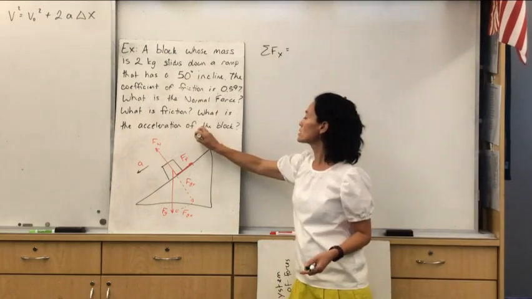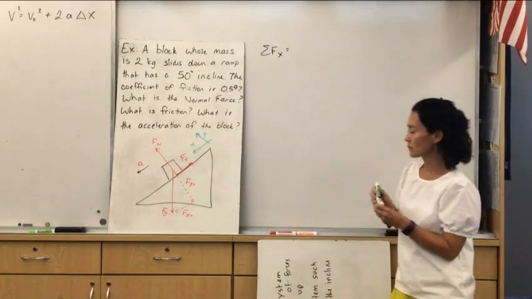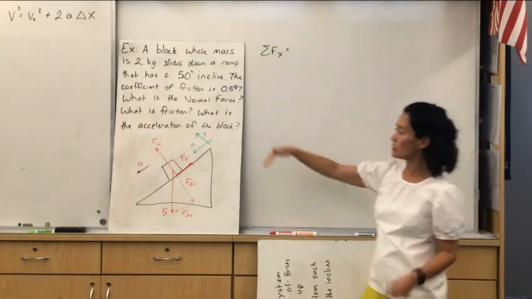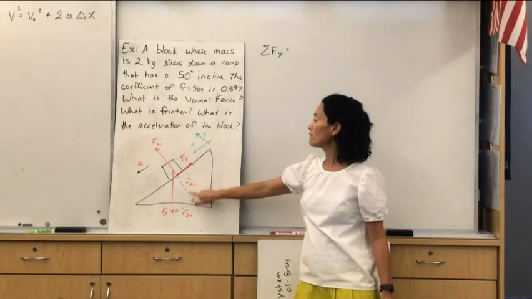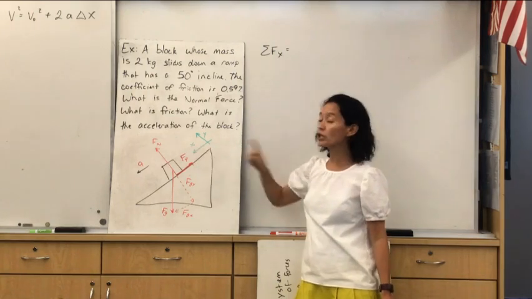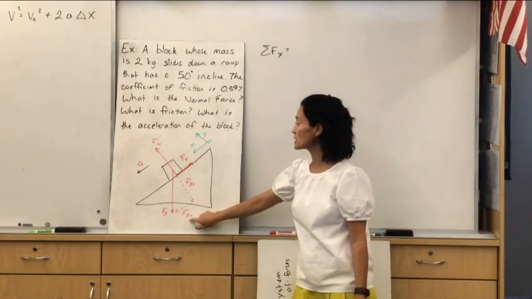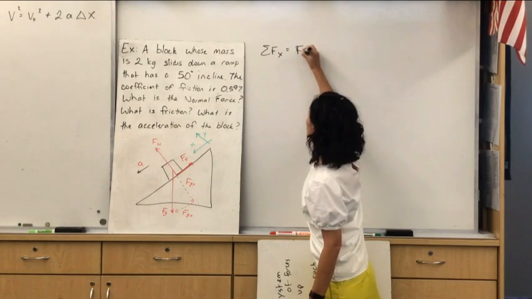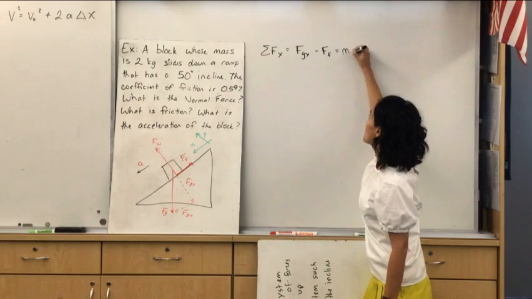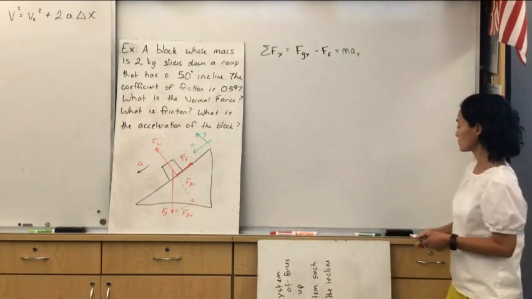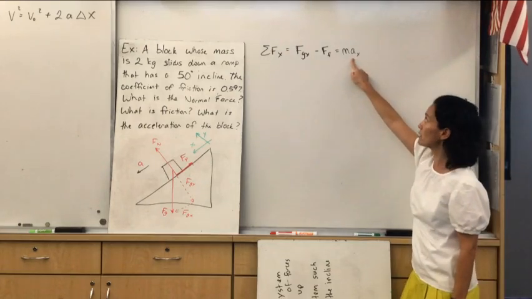Here's my y, here's my x. So that's my coordinate system, my x direction. So in the x direction, I have Fgx going down and Ff going up. But remember, direction of motion is always going to be positive, which means Fgx is positive and friction is negative, and that's going to equal max. I definitely have an acceleration in the x direction, so I'm going to leave that there.